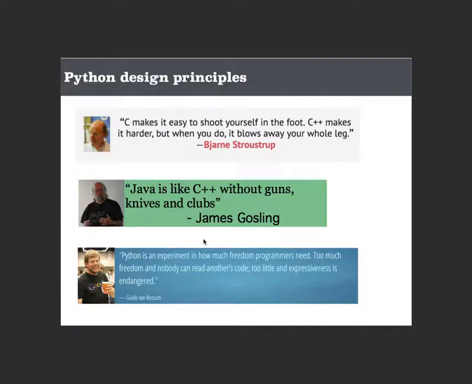Python is all about this. When people ask Guido van Rossum about Python, one thing you have to observe is the indentation rule, right? Very strict about indentation. He says Python is an experiment on how much freedom programmers need. Too much freedom and nobody can read another's code. Too little freedom and expressiveness is in danger. Python strikes a balance.